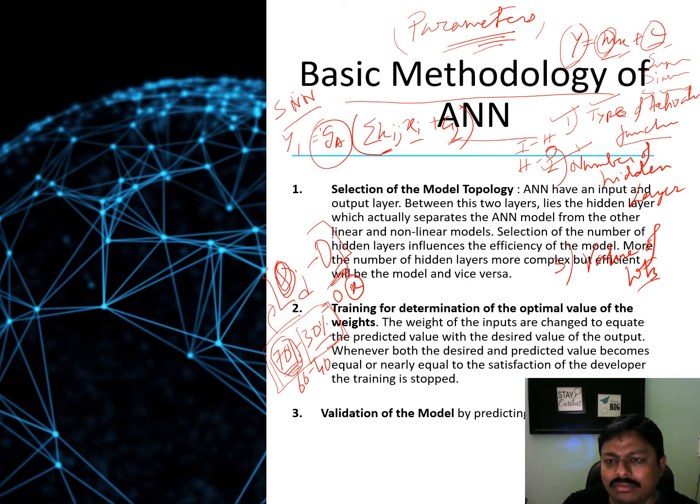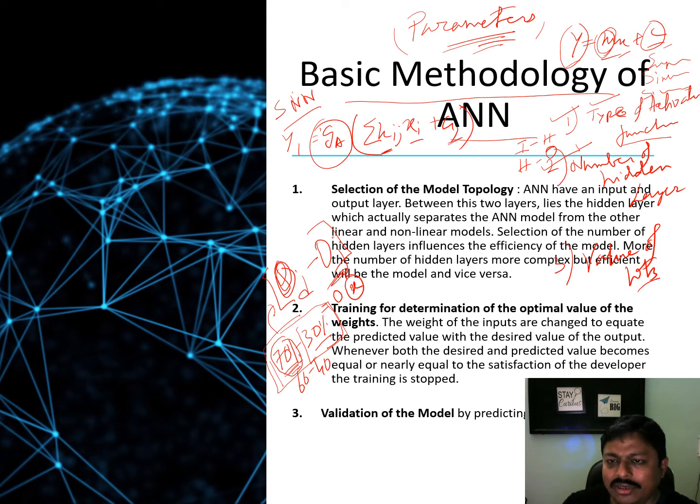The activation function with which you get the best result, you will use in the final model topology. That means when you predict the unknown for some inputs which are not included in the training data, at that time you will use the activation function for which you got the best result during the training procedure.